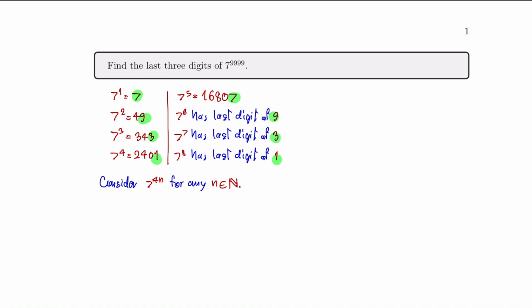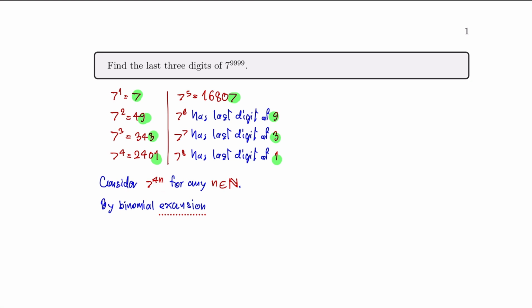Alright, so we use the binomial expansion. We want to have the value of n right here.